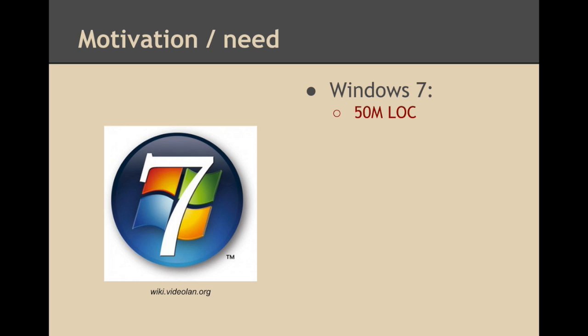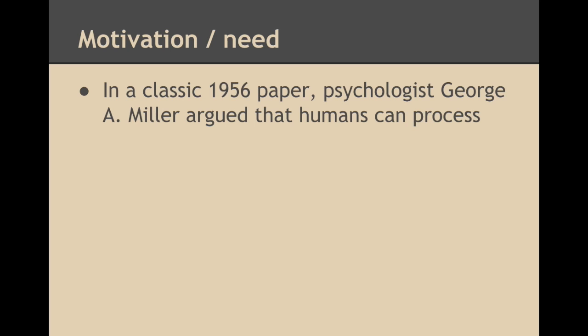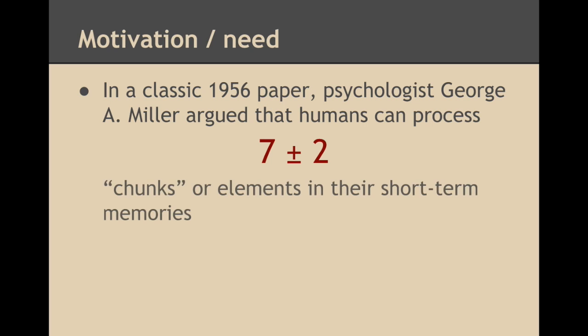Okay? So size is certainly an issue, but the complexity of it is also a problem. Let's put that in context. Back in 1956, psychologist George Miller came up with this idea of chunking. He argued that humans can only process 7 plus or minus 2 chunks or elements in their short-term memory.